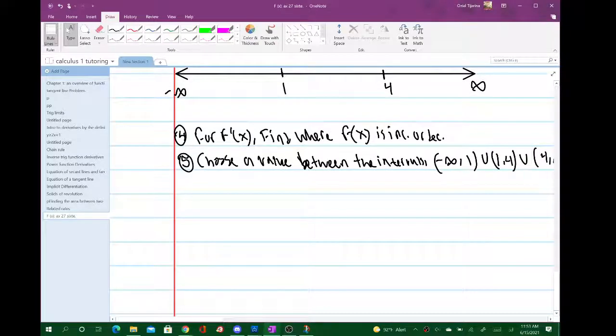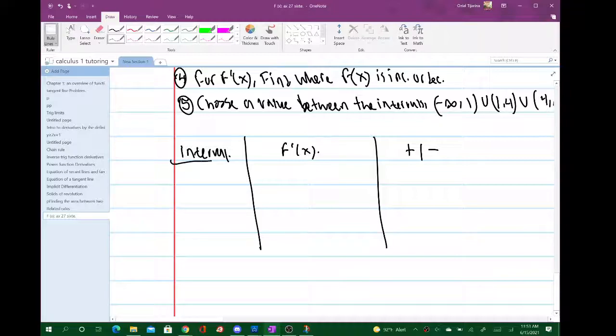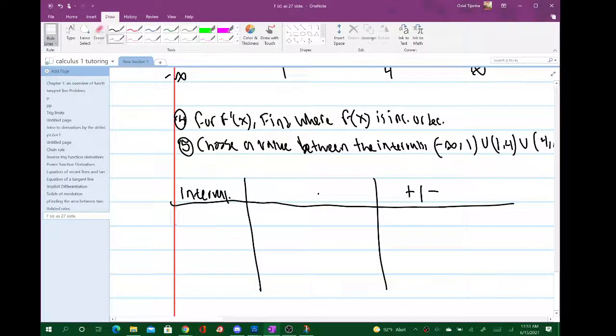So we're going to first do the interval. Here's the interval. This is going to be f prime of x, and this is going to be positive or negative. So from the interval, actually let me do it this way.